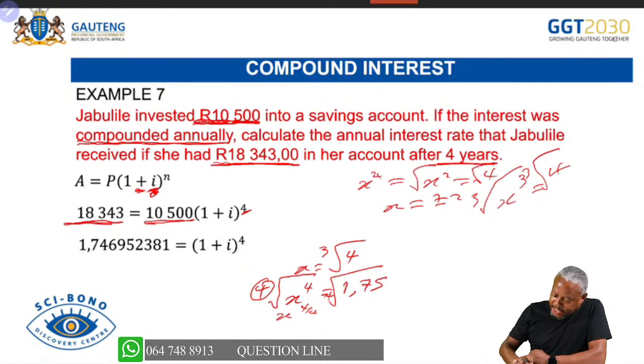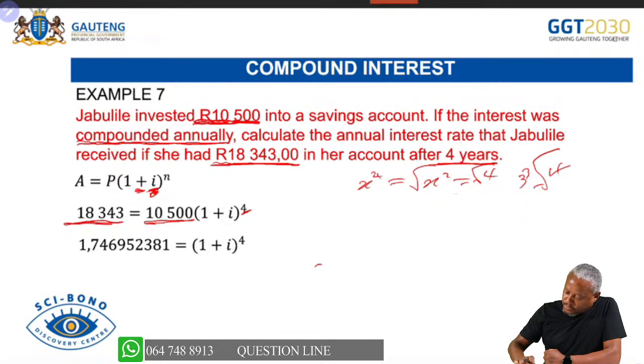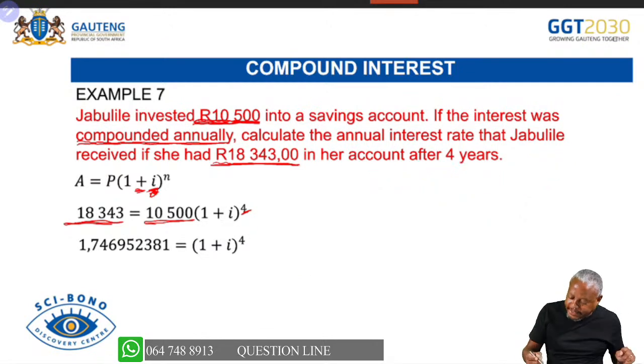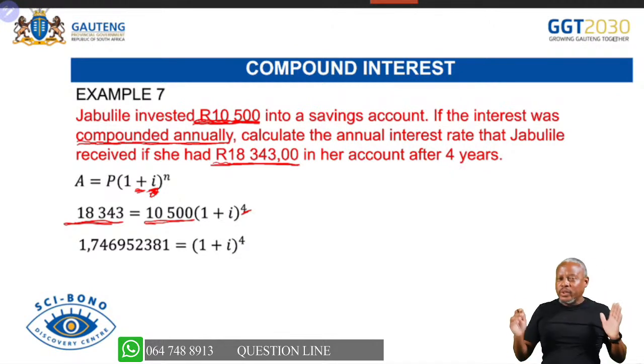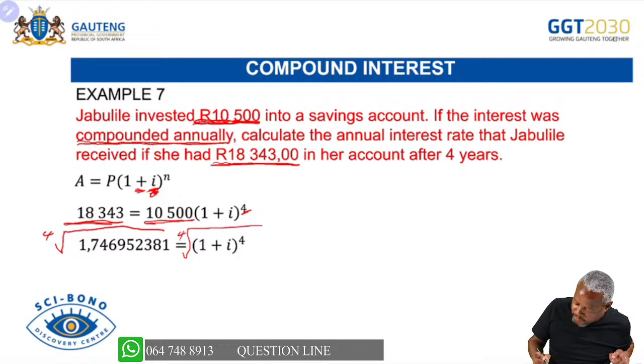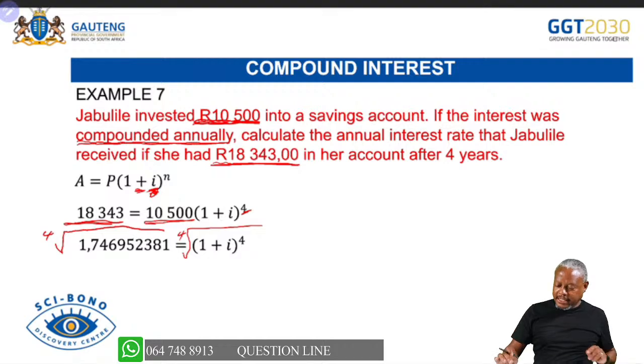I think that was the challenge here. So we need to get rid of this 4. We do exactly the same. We get this. It should be 4 here. Please, this one is an algebraic challenge.